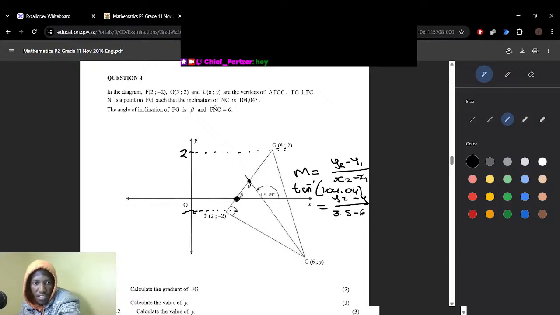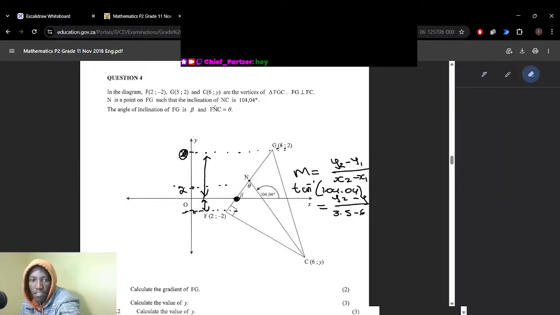Look at the distance between these two lines. The distance is not the same, but it should be. O2 should be somewhere here instead of being here. So there's something wrong with this question. I'm definitely sure of that.